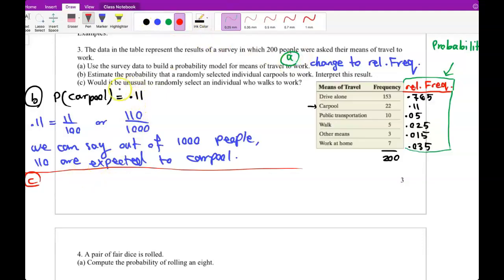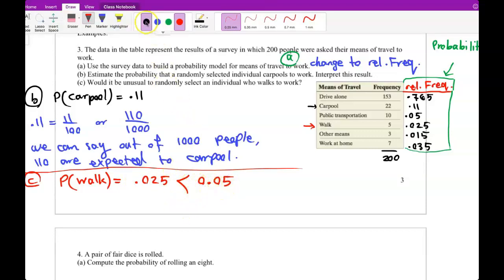Now, what is part C? Would it be unusual to randomly select an individual who walks to work? The probability for that one is 0.025. If our probability is less than 0.05 or 5%, it is unusual. And the answer for this part is yes, because the probability for that one is 0.025, and this is less than 0.05.